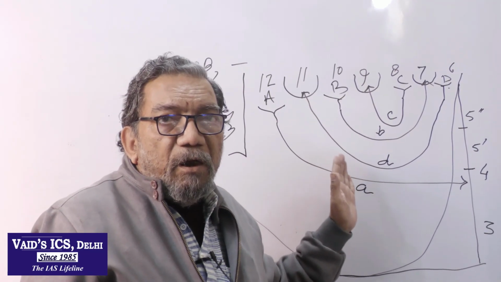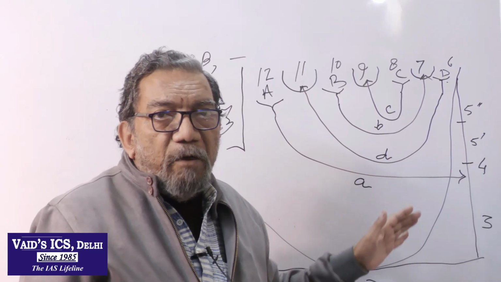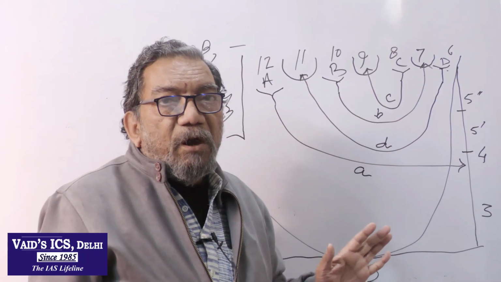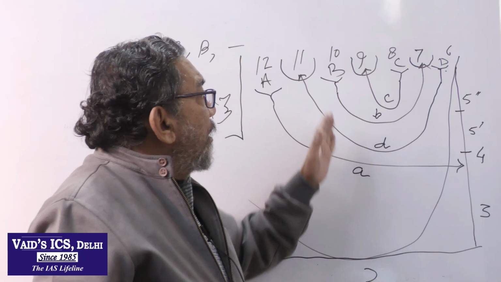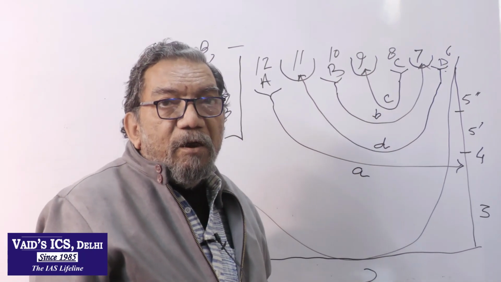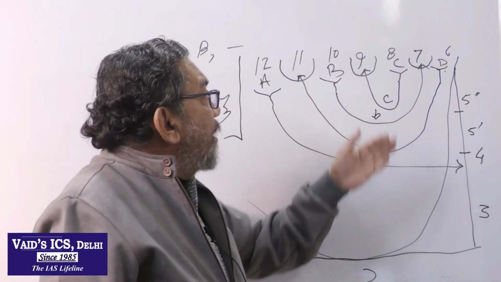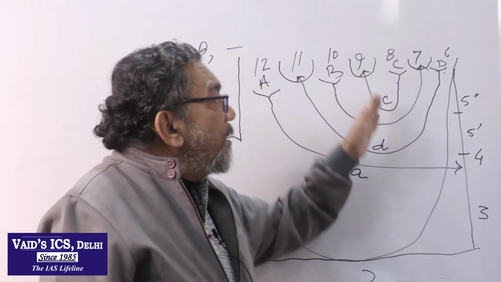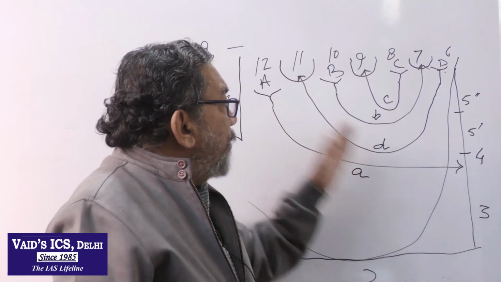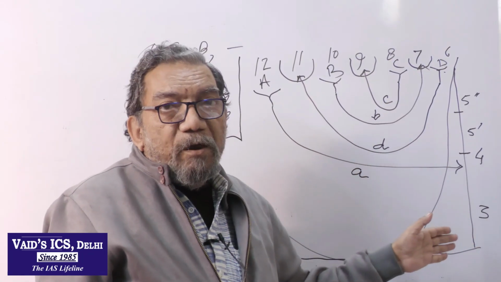B and C are dependent on D. If D enters here, I told you ridges do not cut across each other. If D enters 9, then B and C cannot cut across, so they have to be within. If D enters at 9, then C has to be within. But then all that will be coming towards the lower points.